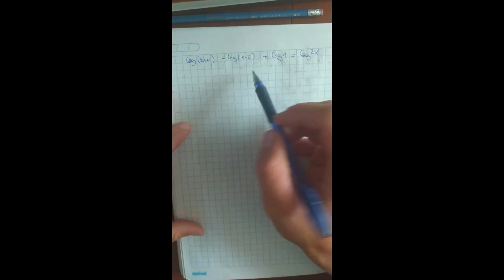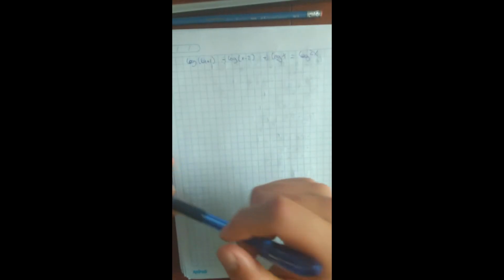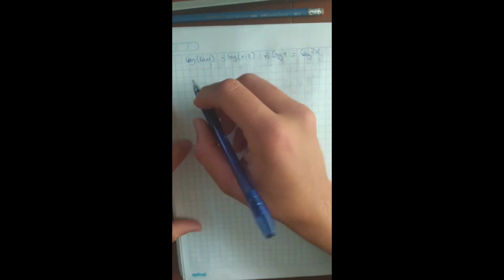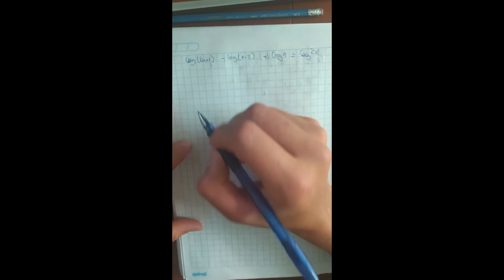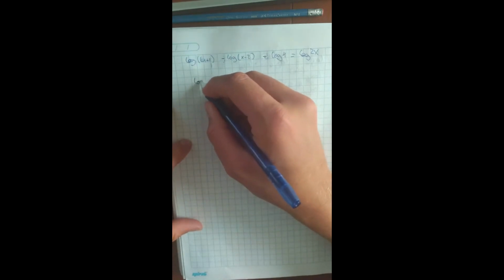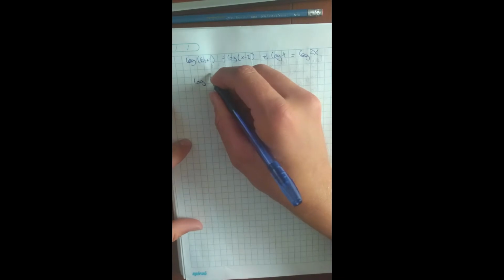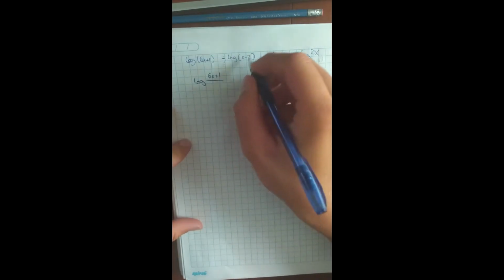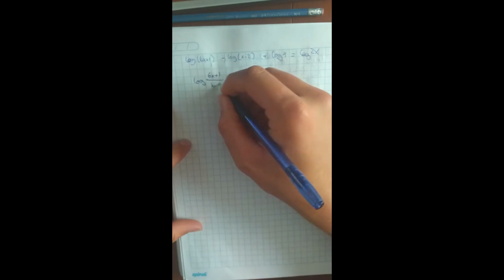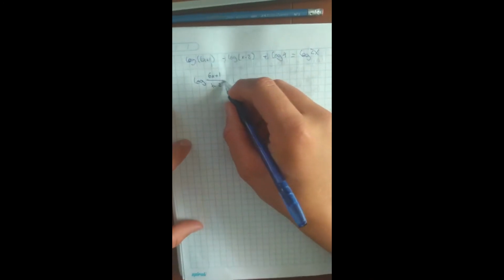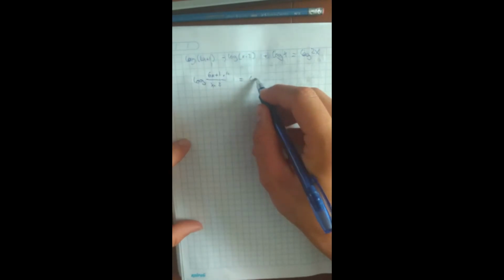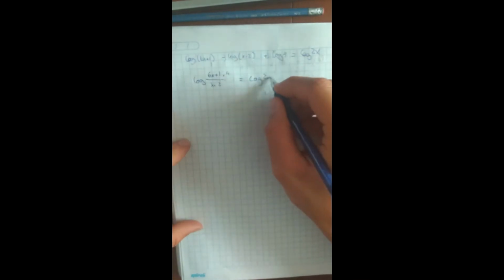So first of all, we can use our properties of subtracting and adding to solve this equation. So we get log of 6x plus 1 divided by x minus 2 times 4 equals log of 2x.